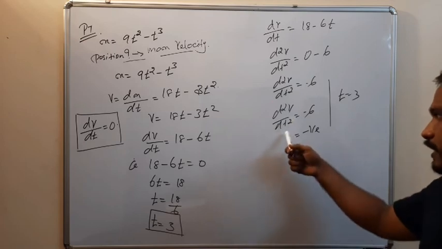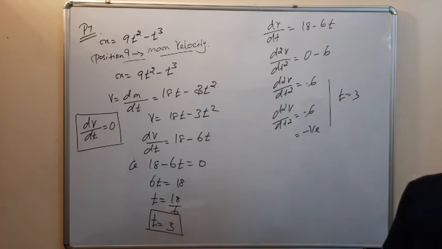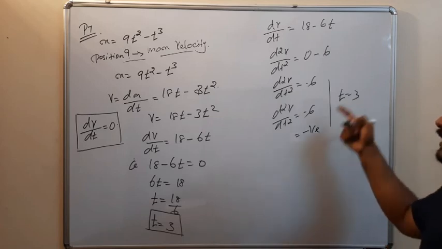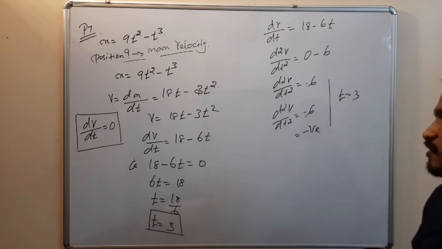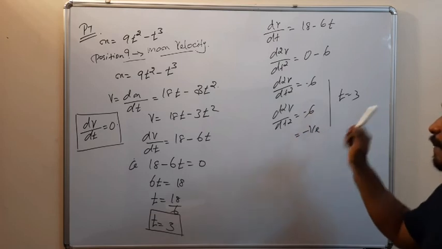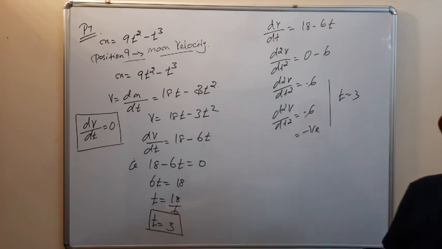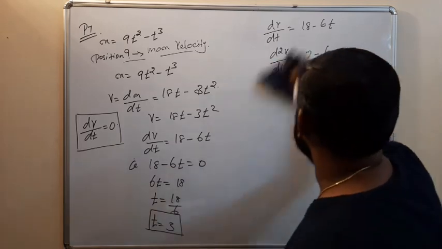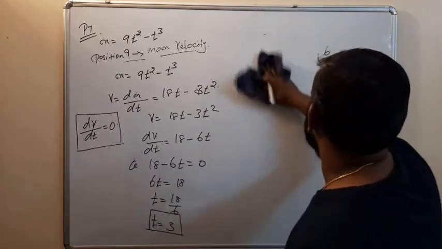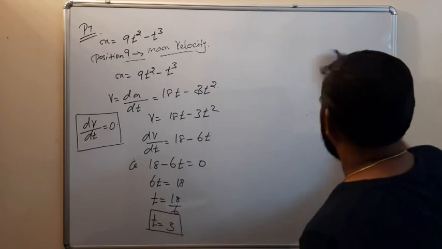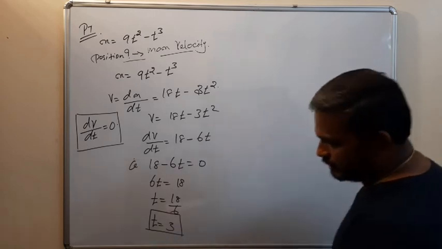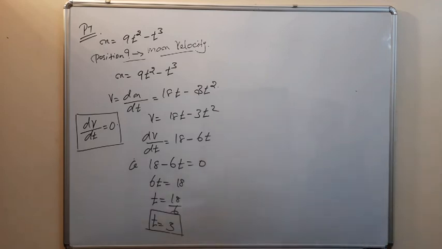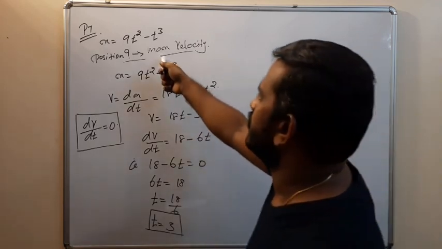If the second derivative is positive, then at that value the function is minimum. So here we are getting a negative value, so definitely the function is maximum. So the velocity is maximum at time t is equal to 3, it reaches the maximum velocity.